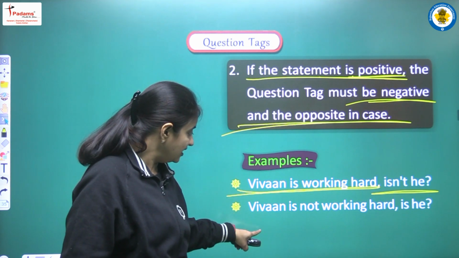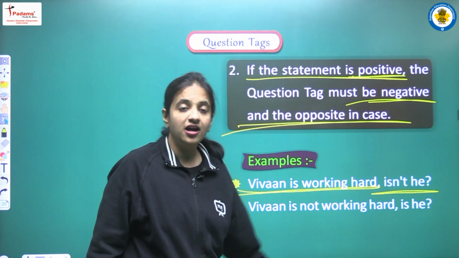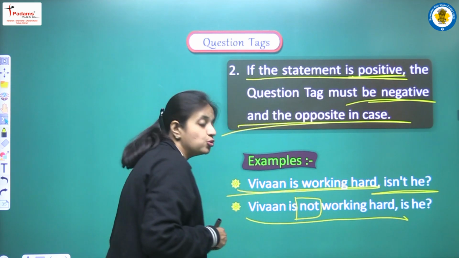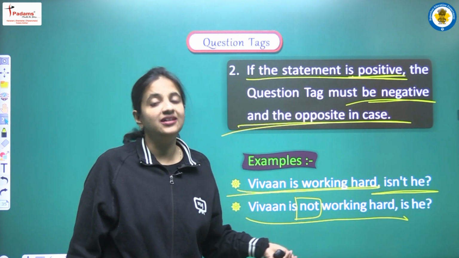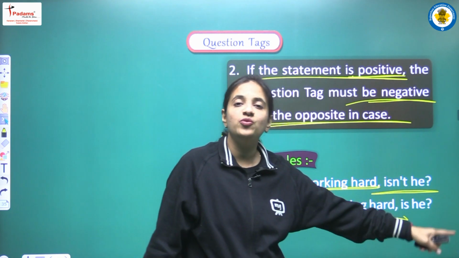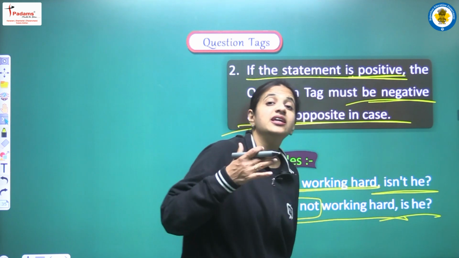But in this second example, we are having Vivan is not working hard. So in this example, we are having not. Because of this word, we can say that we are having a negative sentence here, and because we are having a negative sentence, now our tag will be positive. So this is the reason here our tag is he.